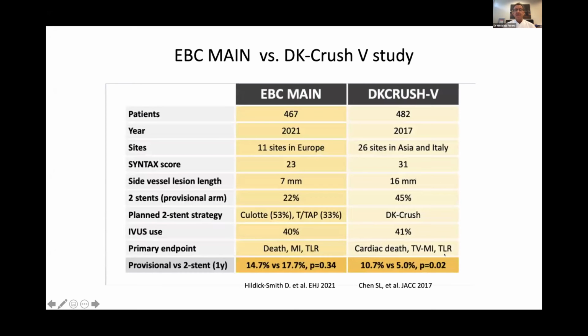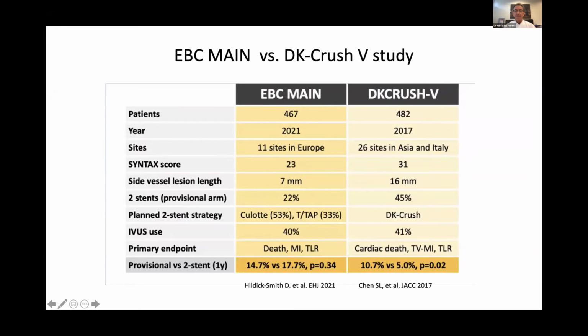And if we compare the ABC MAIN study versus the DK Crush 5 study, you see very similar points, a similar number of patients. We have 11 countries from Europe and 26 from Asia. The SYNTAX score was definitely lower in the ABC MAIN study, quite high in the DK Crush 5 study.